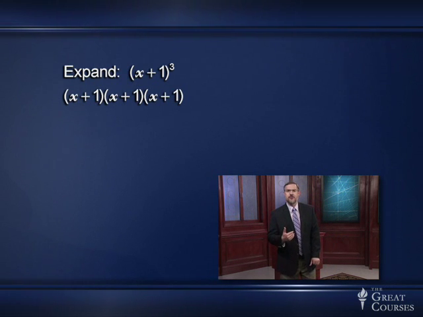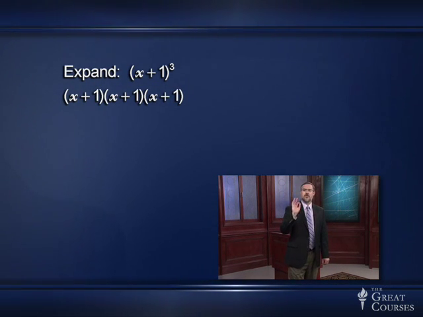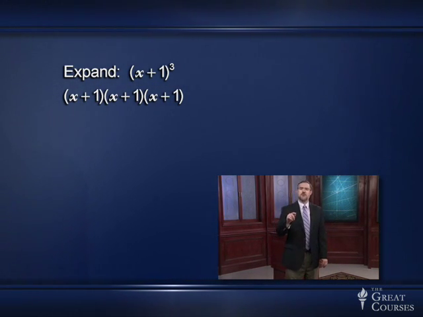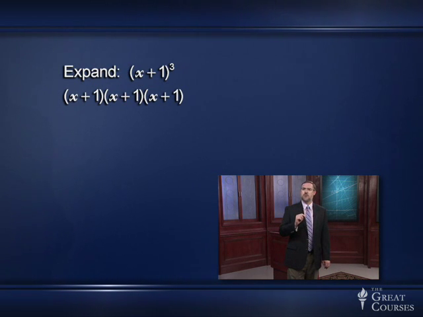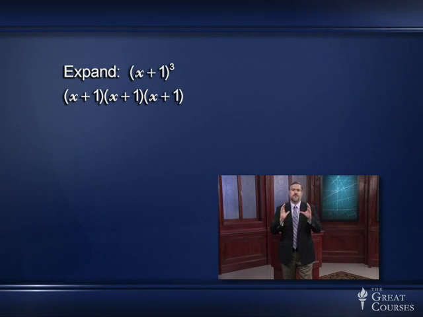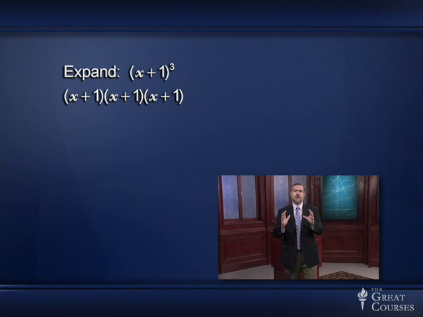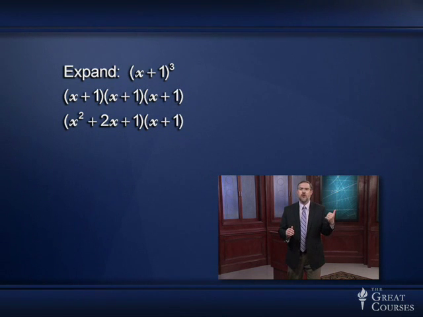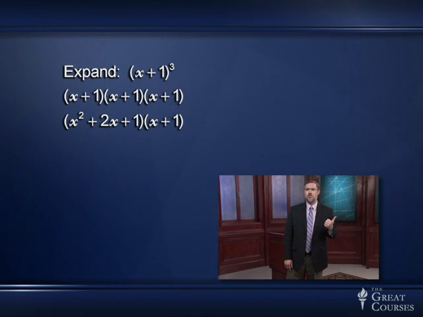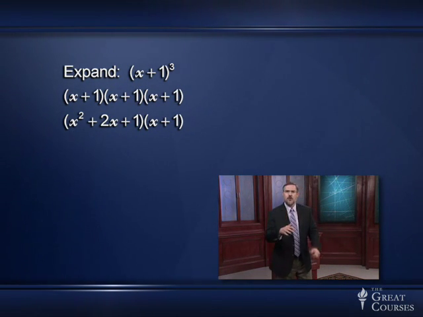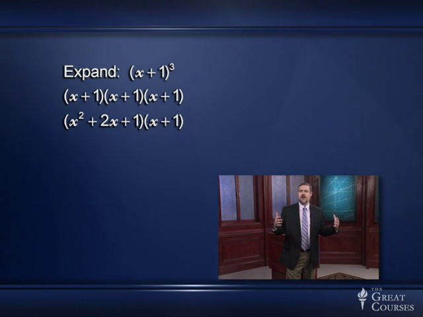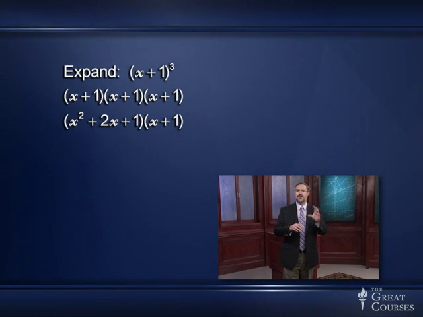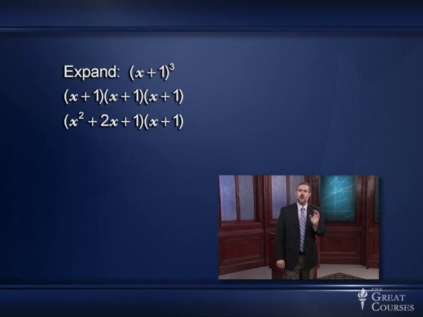So here's how I might do it. x plus 1 to the 3 is equal to x plus 1 times x plus 1 times x plus 1. And now if I just look at the first 2 binomials and multiply those out, I'll have x squared plus 2x plus 1, and that still needs to be multiplied by another x plus 1. Now, to get that all multiplied out or expanded, I have to make sure that every term in that trinomial is multiplied with every term in the binomial.